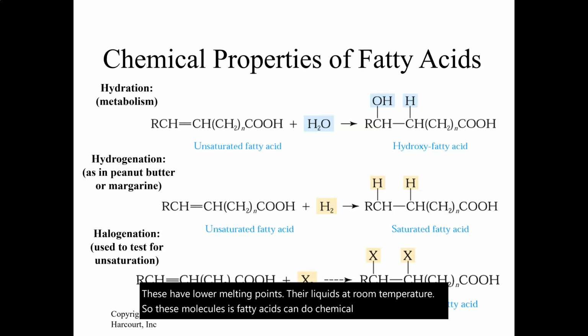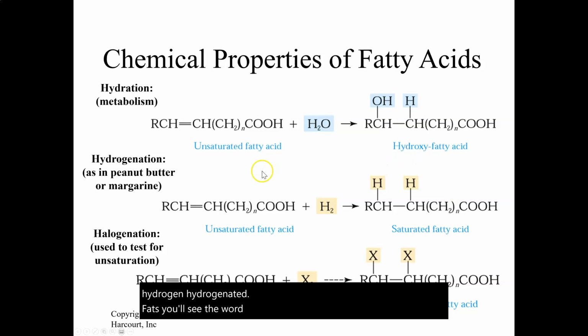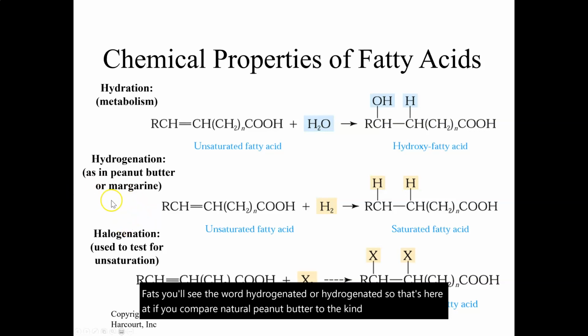If you look at the side of some bad snack foods, you'll see a lot of hydrogenated fats. You'll see the word hydrogenated. Compare natural peanut butter to the normal kind on the grocery shelves, the Jif and the Skippy and stuff like that.